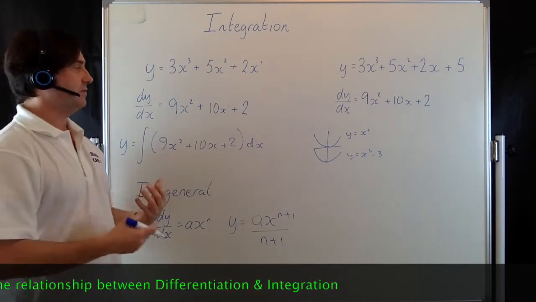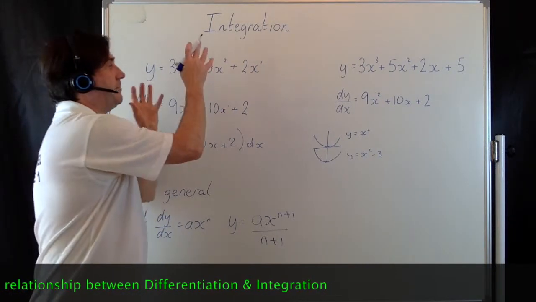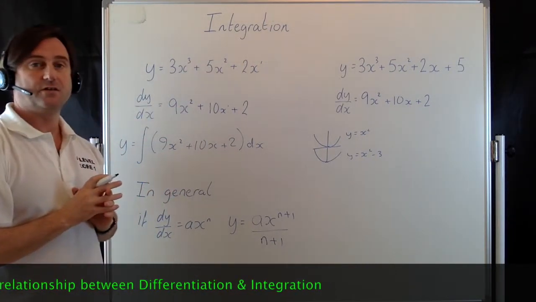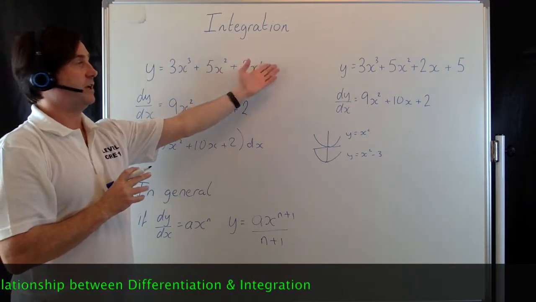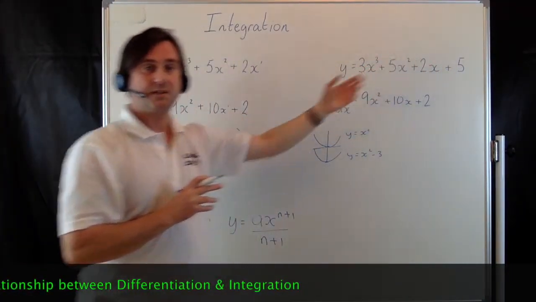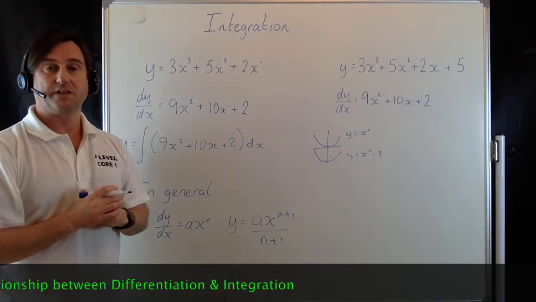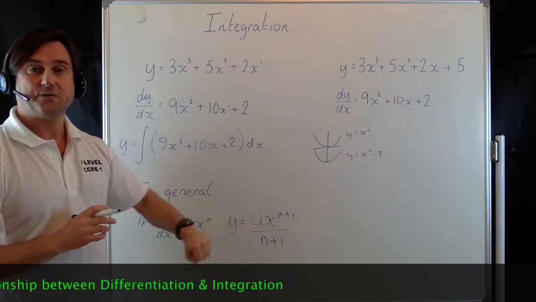If we're working backwards and trying to integrate this function, we can only get part of that curve, because with this one there wasn't a number on the end, but with this one there is. We don't know whether there's a number on the end or not. So our formula has to take that into account.